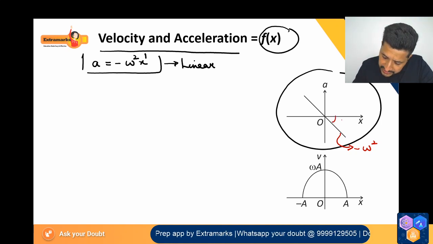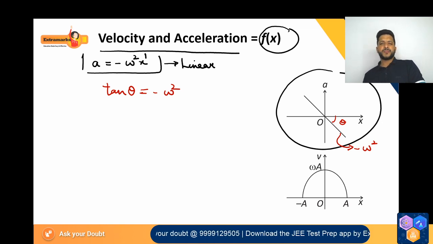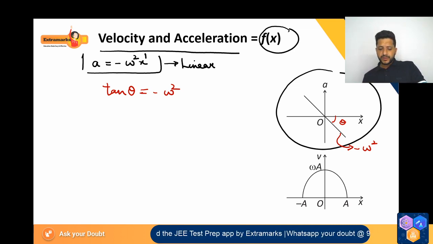So if this angle is theta, how much is tan theta? Tan theta must be equal to what, beta? Minus omega square. So this is one graph or relation between a and x, that is, a and x are linearly related to each other, but there is a negative sign which gives us a negative slope to the straight line, right?